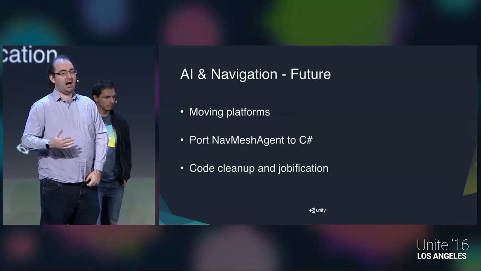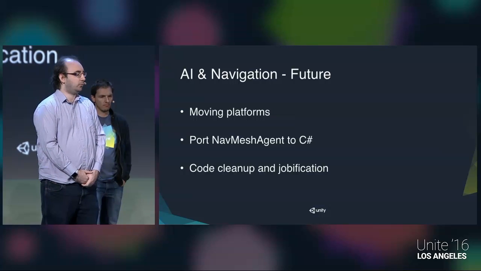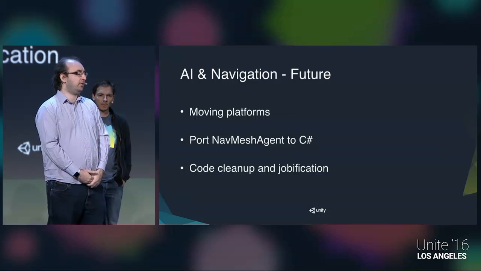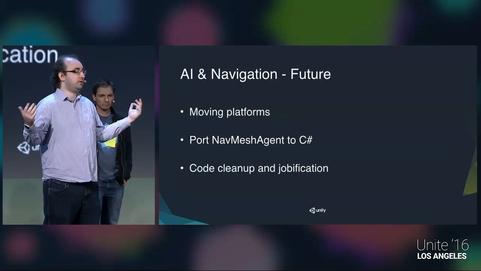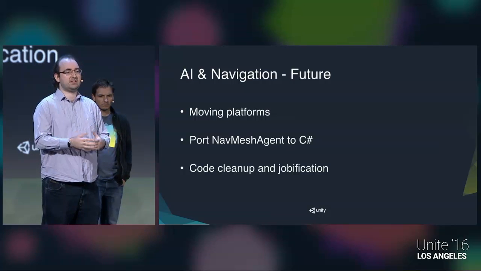Right, so after the stuff that's available today in the preview build, what is the AI team thinking about doing next? The first problem that I was talking to them about is moving platforms, and making sure that agents move with the platform and they understand that they're still in the same place on the nav mesh.